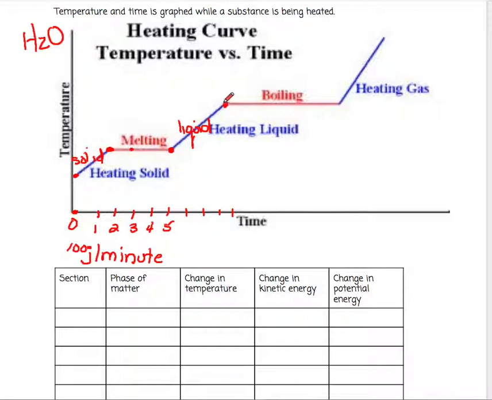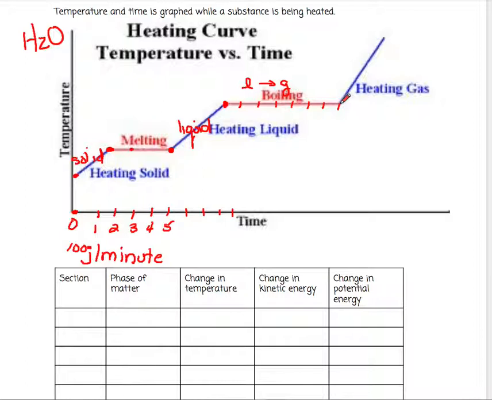Okay, so we get to here. Now, they're moving as quickly as they can, and when they are moving as quickly as they can, I'm still adding heat. Well, that heat that I'm adding right there is now going to be stored in the molecules, and that stored energy is going to allow the water to boil, to change from a liquid to a gas.